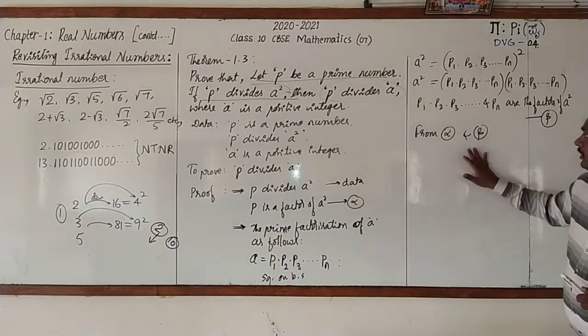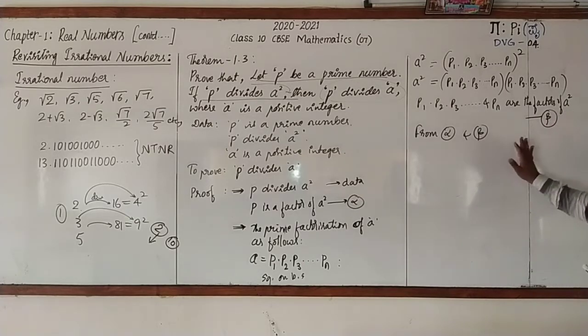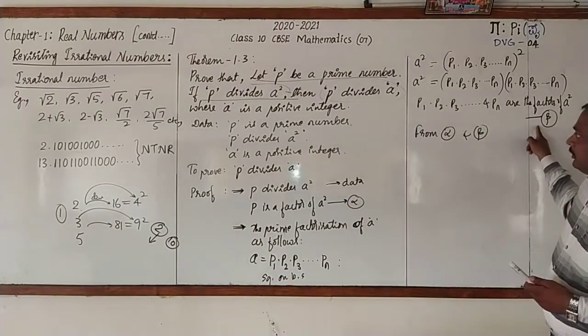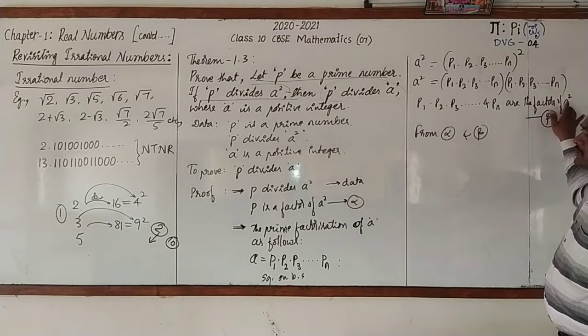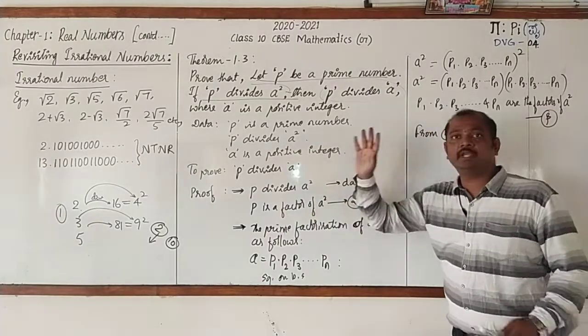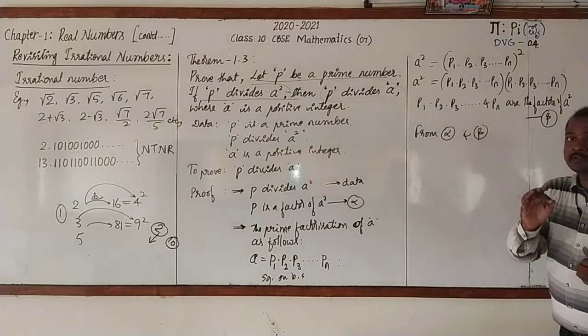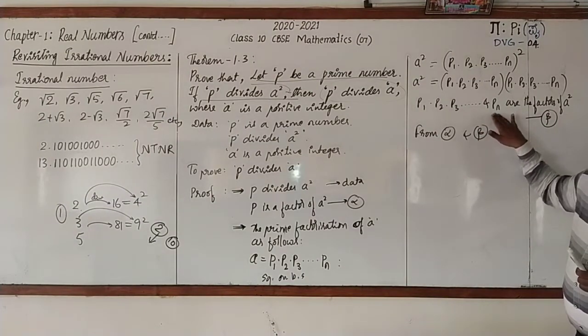Many are there. In forthcoming classes also we will use some more. Just observe here. We have taken alpha and beta. According to alpha and beta, P is a factor of A square and these are the factors of A square. Hence, P should also be one of the factors among these, right?